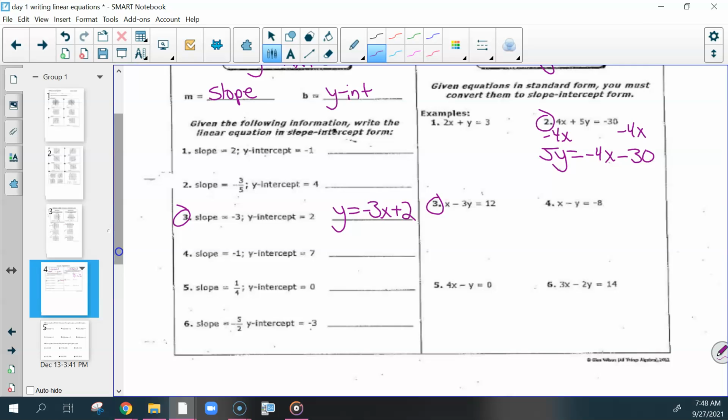And then the last thing, get y completely by itself, so divide everything by 5. So this would become a negative 4 times x minus 6.